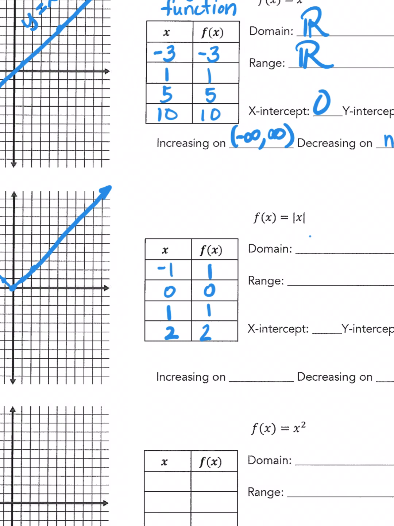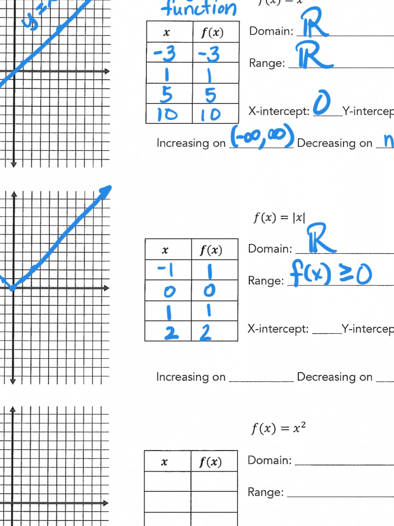Yeah, all real numbers. However, what is the range? Greater than or equal to 0. So we're going to say for the range that the function f of x is greater than or equal to 0. We know f of x means y, don't we? So y is greater than or equal to 0.